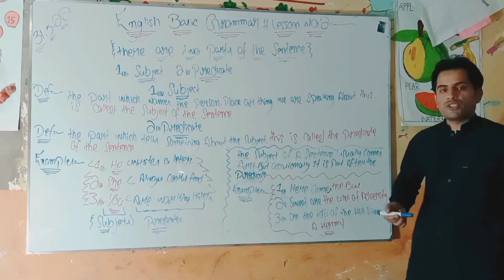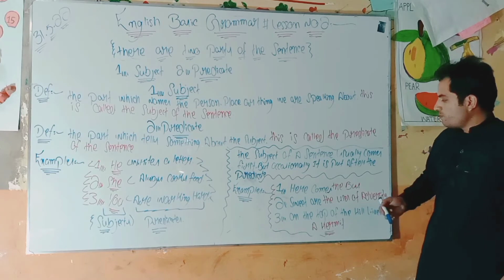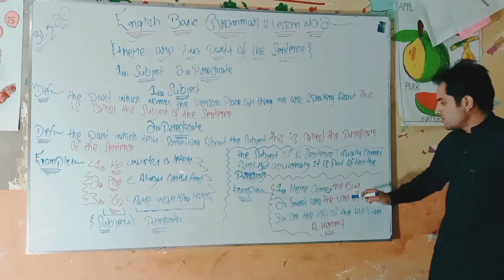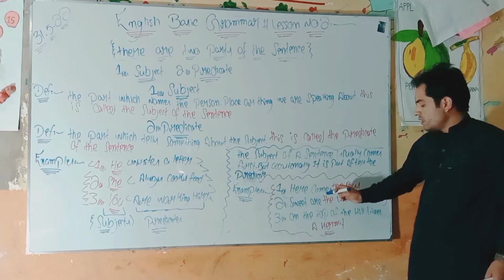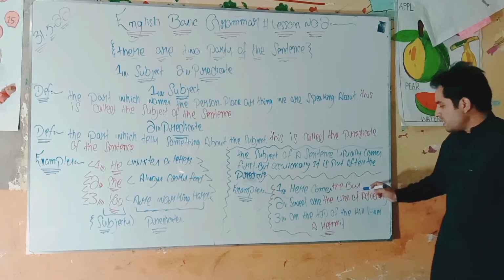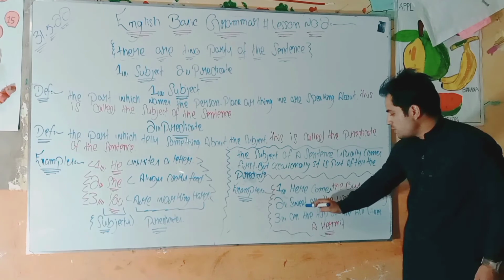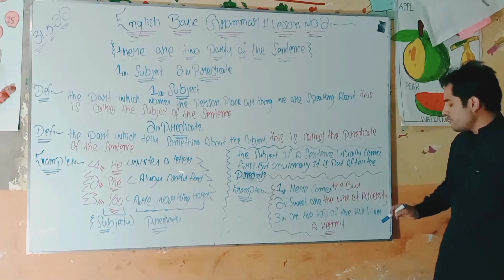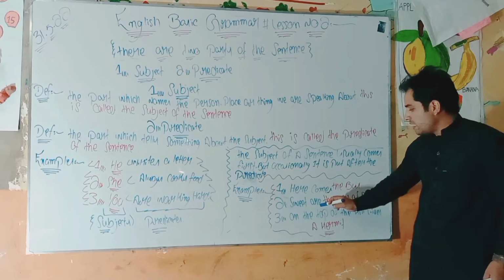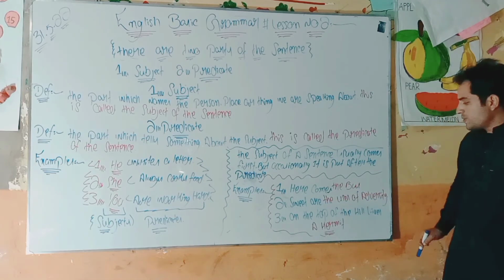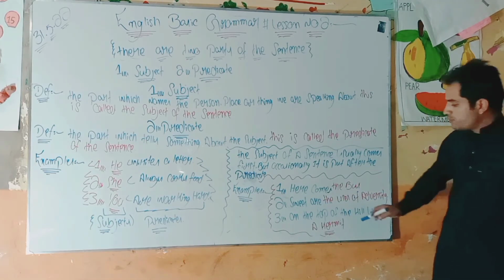So now let me teach you the examples of them. Here comes the bus. Here comes is the predicate and the bus is the subject. The second example: Sweet are the uses of adversity. Sweet are is the predicate and the uses of adversity is the subject.